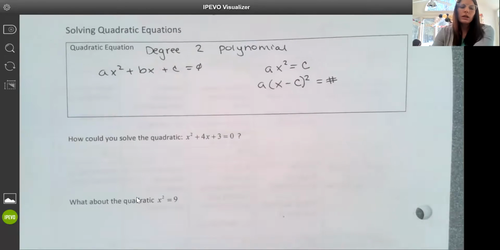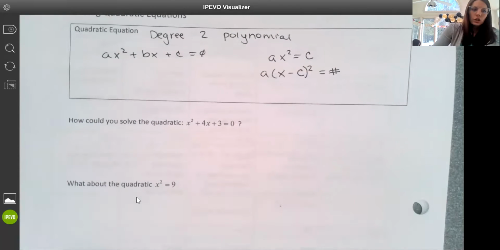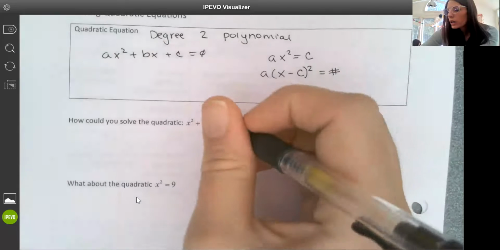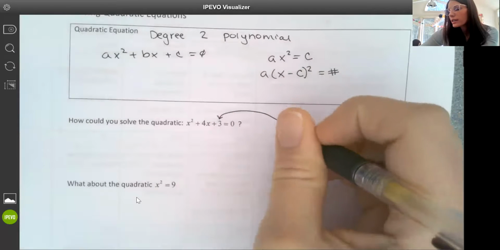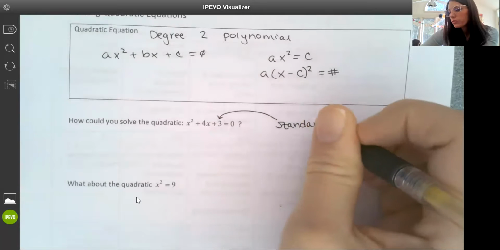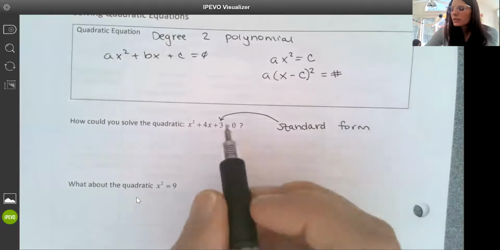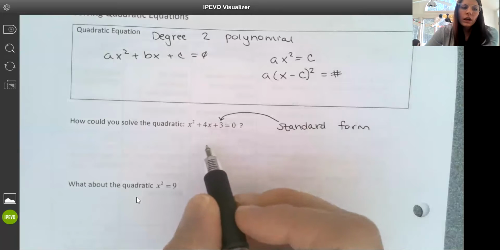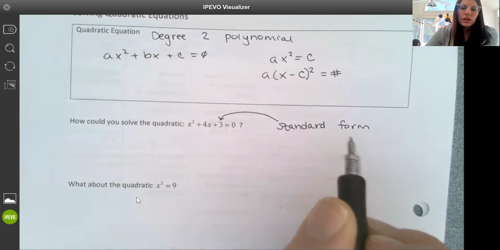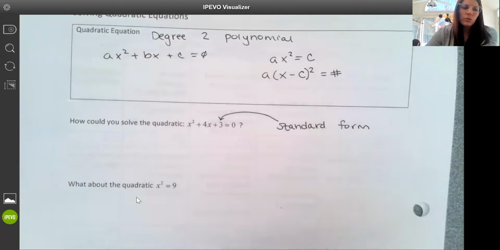So for example, here's a quadratic. It looks really similar to what we've seen before. So here's a quadratic that's in standard form. It contains a linear term here. One thing, we'll go back to how I know how to approach this problem, I think, after we solve both of these.